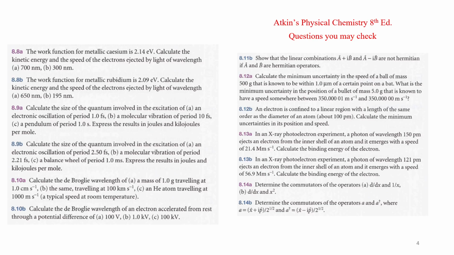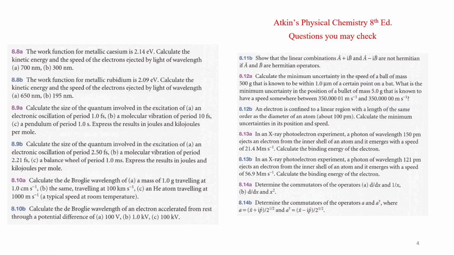And then 8.8b, a similar problem one can do eventually. From the values given, the phi, the work function, is almost similar. So I believe that with 650 nanometer, again, the electron cannot be ejected.